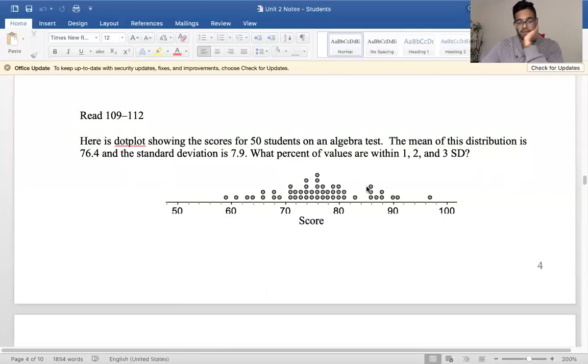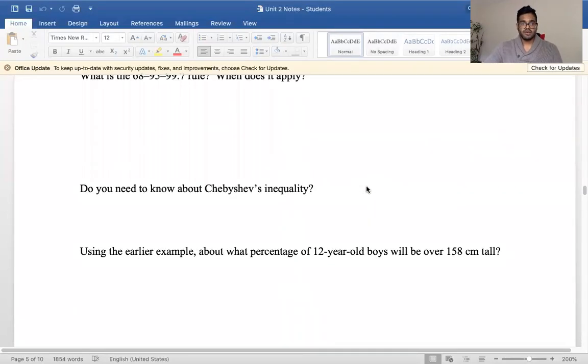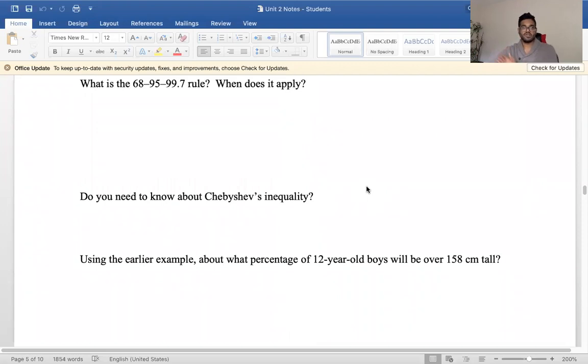Okay, moving on to the next couple of things. What is the 68, 95, 99.7 rule? When does it apply? So in a normal distribution, kind of just restating what we've just been working on, with a mean of mu, that's the Greek symbol, and standard deviation.